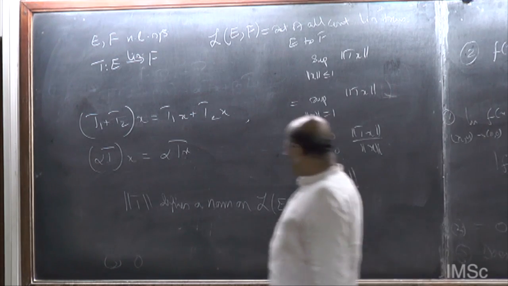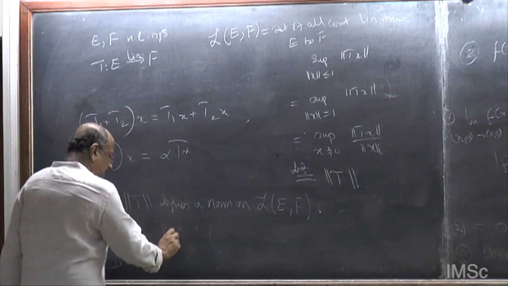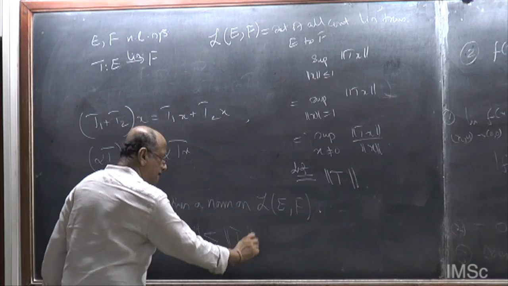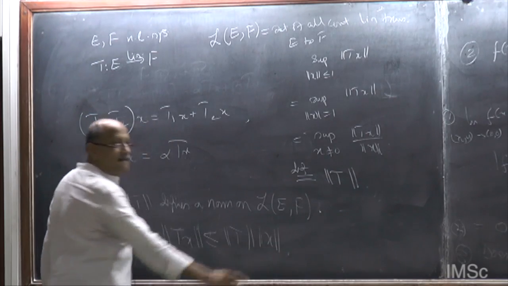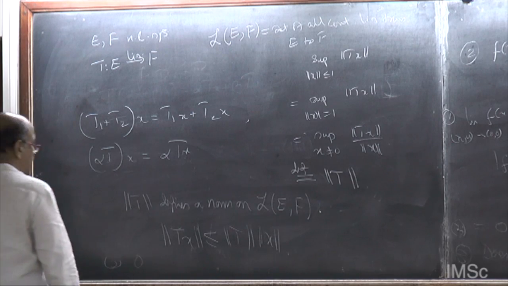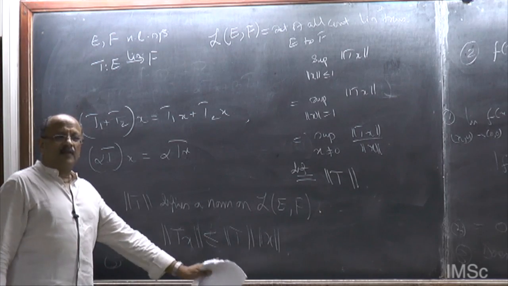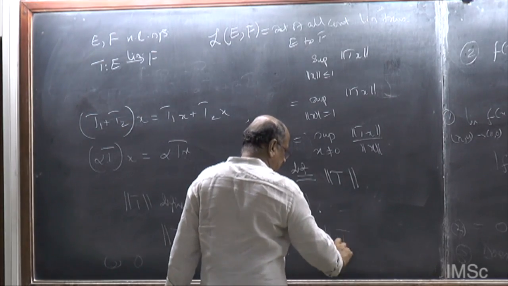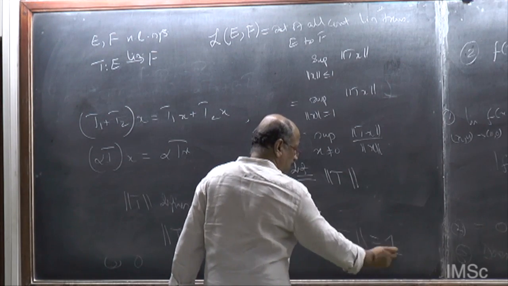And the fundamental inequality is you always have this: norm of Tx is less than or equal to norm T times norm x, and the norm of the identity map is always 1.